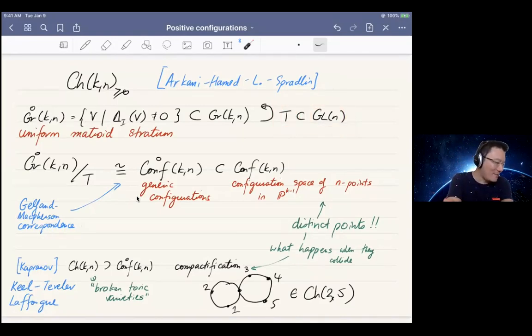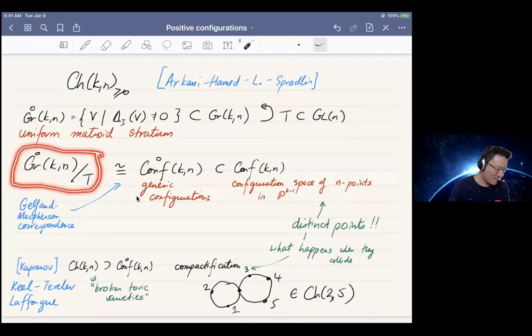What happens is if I have a matrix, all of whose maximal minors are non-vanishing, and I scale the columns by non-zero scalars, then it still has this property that all the minors are non-vanishing. So this torus action preserves the uniform matroid stratum, and so we can take the quotient.